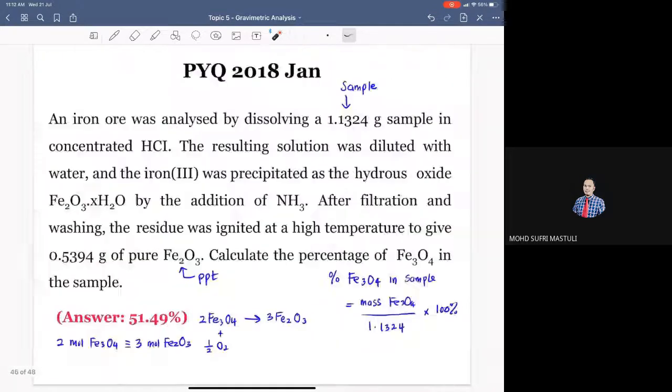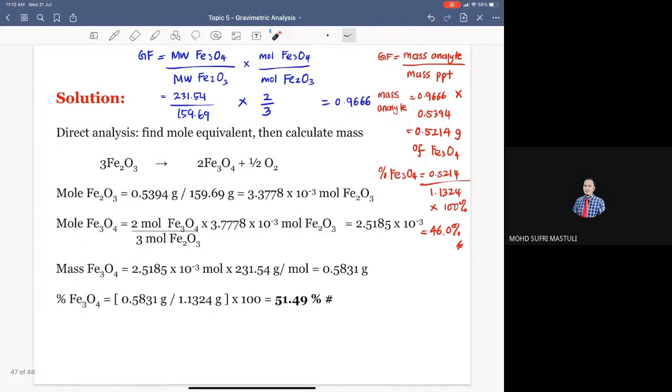Yeah, you can try, you can double confirm. You can use direct calculation and also gravimetric factor. Okay, but the answers are slightly different.